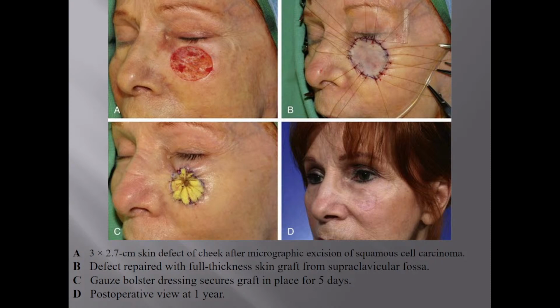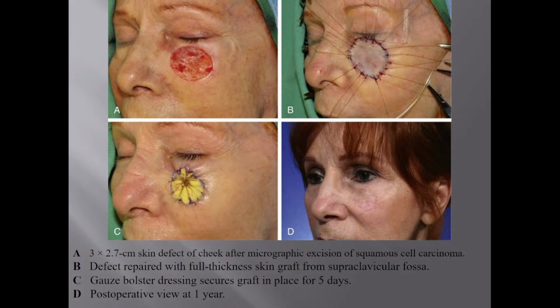Here you can see the primary defect after extraction of a tumor of this area, and after that, the repositioning of the skin graft, and this skin graft is from the supraclavicular fossa. It's a full thickness skin graft.